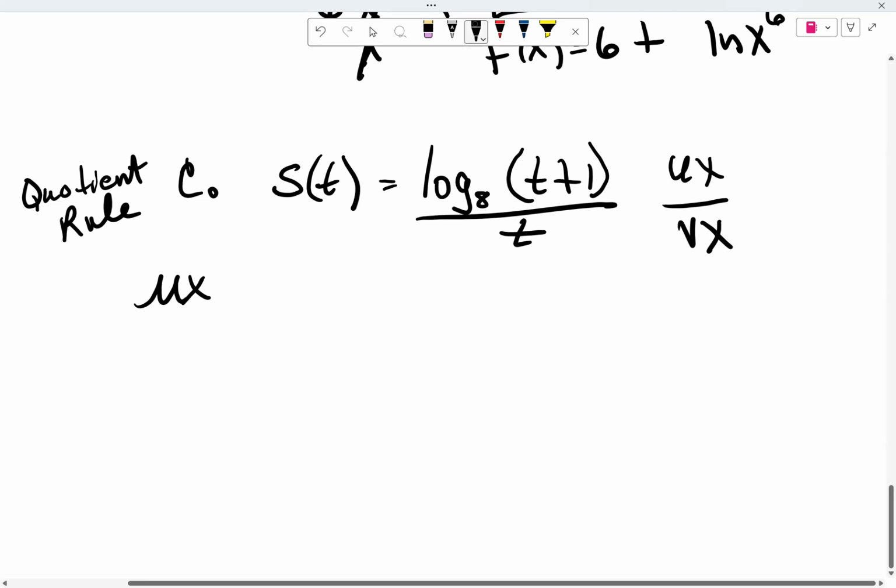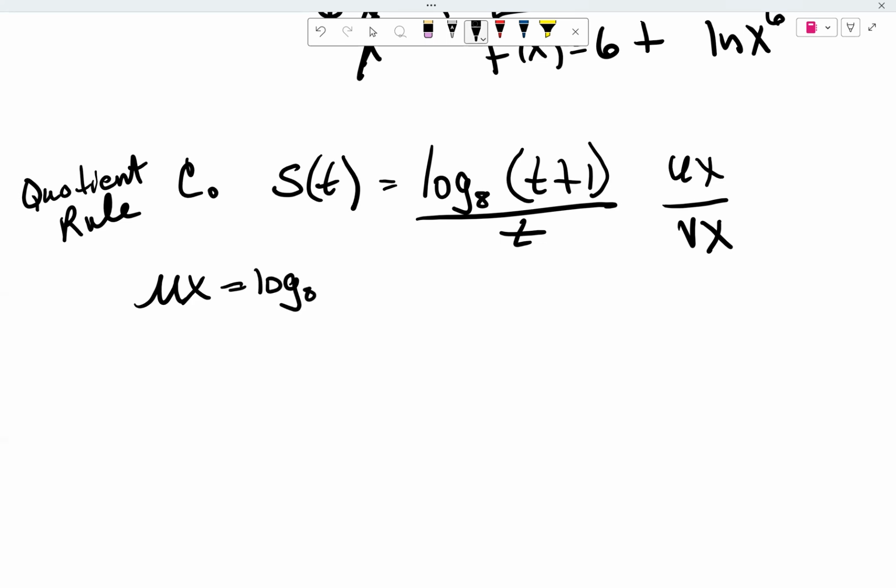I want you to start to set up the question where we're focusing on u of x and its derivative. So u of x, we know, is going to be the log base 8 of t plus 1. And we know that the derivative of u of x is going to be, first of all, 1 over the natural log of 8.